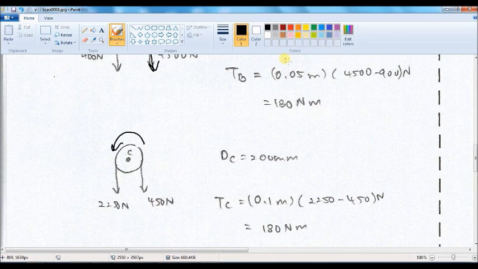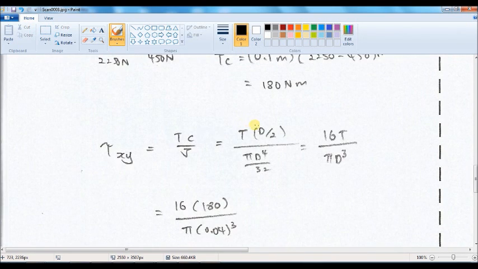Okay, because torque at these two locations is equal, again we will refer to location B because the moment at location B was maximum.